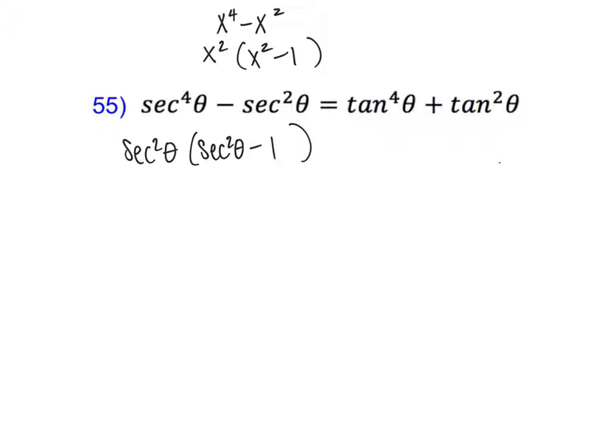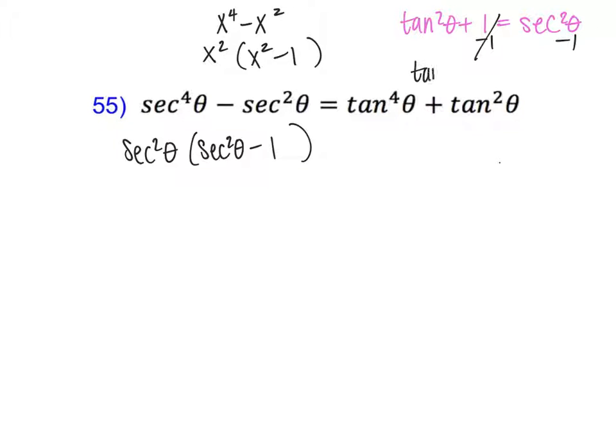What I notice immediately is that we have some secant squares. And so there are some identities that can help us out, like tangent squared plus 1 equals secant squared. Notice here I have a secant squared, and I can change that to secant squared minus 1 if I subtract the 1 over.